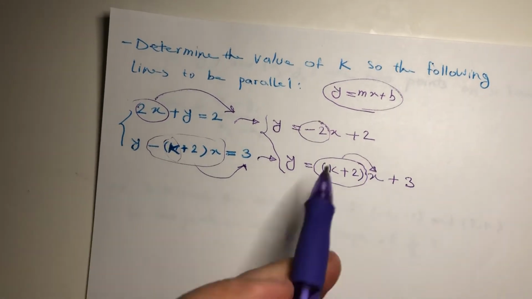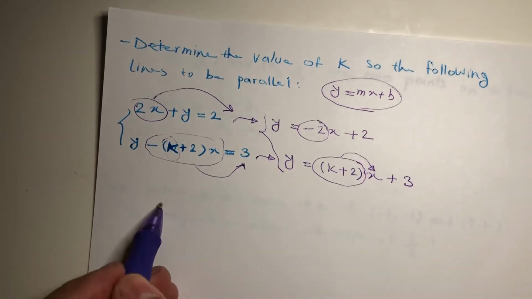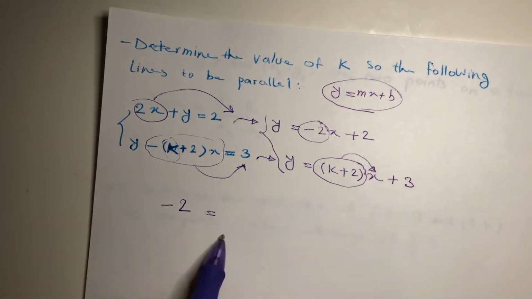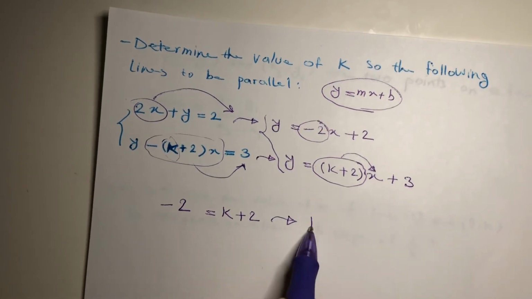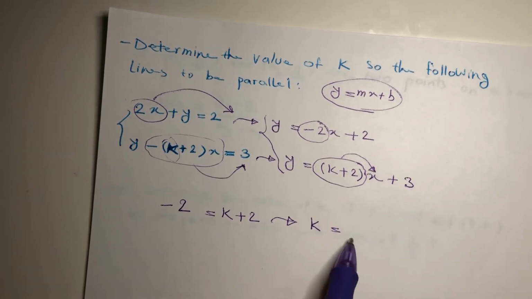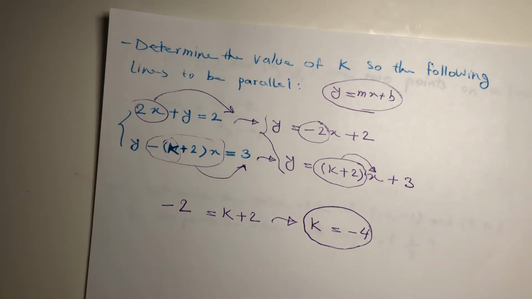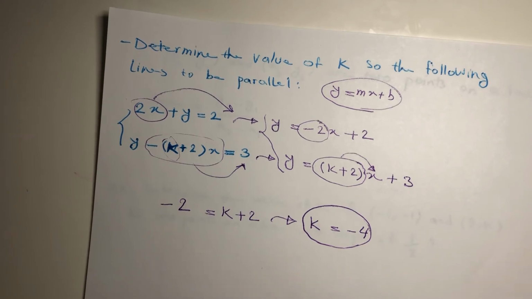So in order for these two lines to be parallel, we need the slopes to be equal. In other words, minus 2 equals k plus 2. From here, k becomes minus 4. So if you put k equal to minus 4, then these two lines will be parallel.